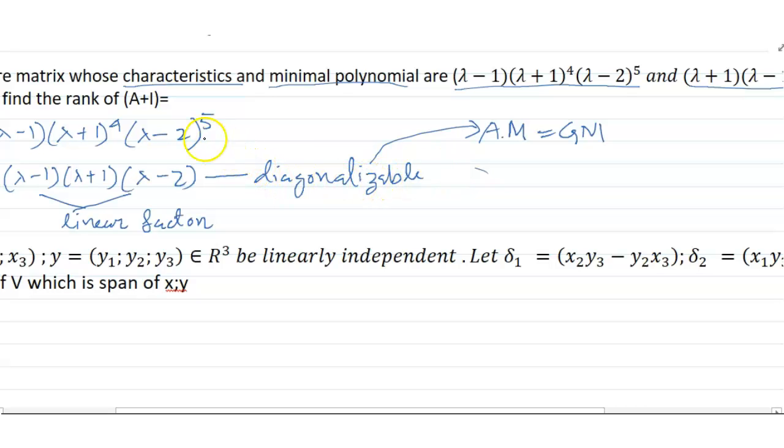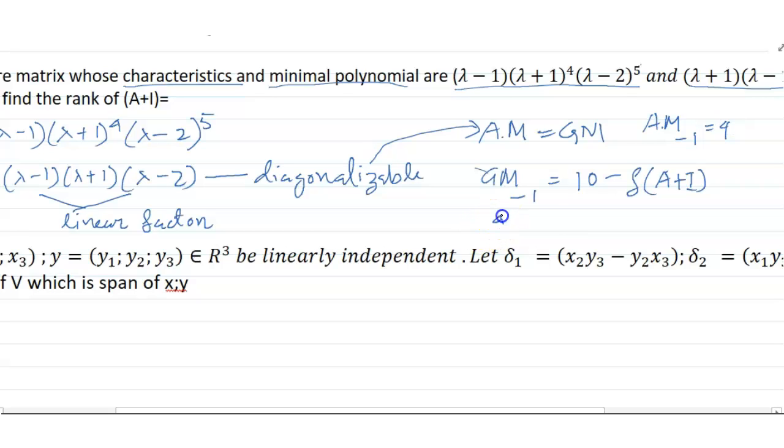So if you see the rank of A plus I, GM of -1 is equal to N minus rank of A plus I. Here N is equal to 10. And AM of -1 equals 4.